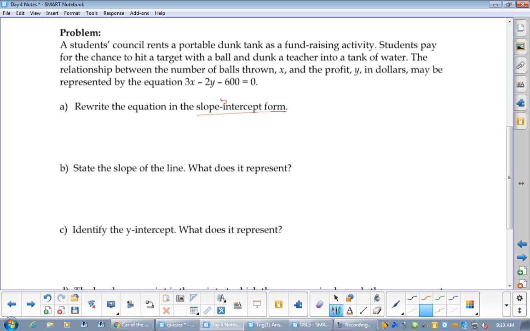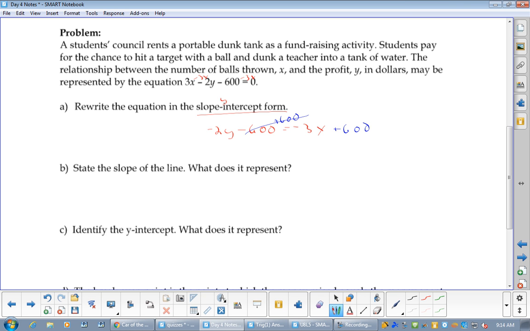First thing we would do is subtract that 3x, right? So I got negative 2y minus 600 equals negative 3x. Then what do I want to do? Add 600. I need to get everything out of here.